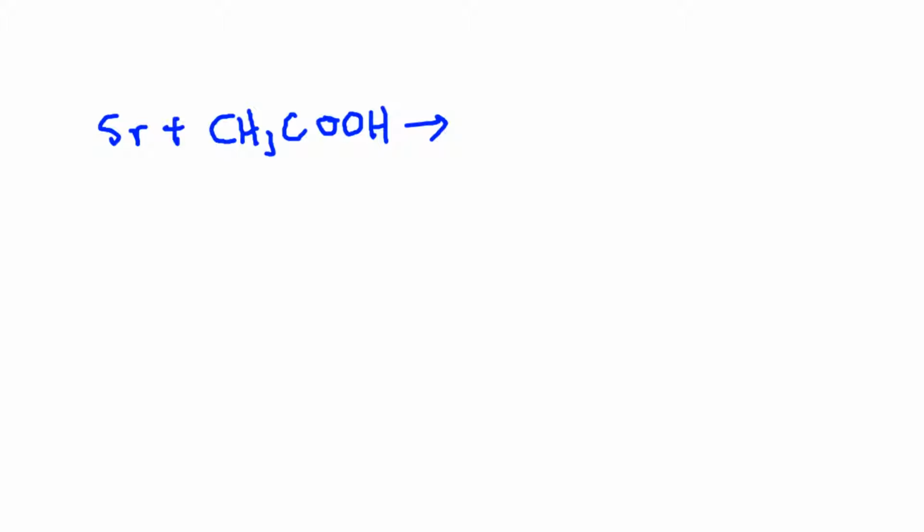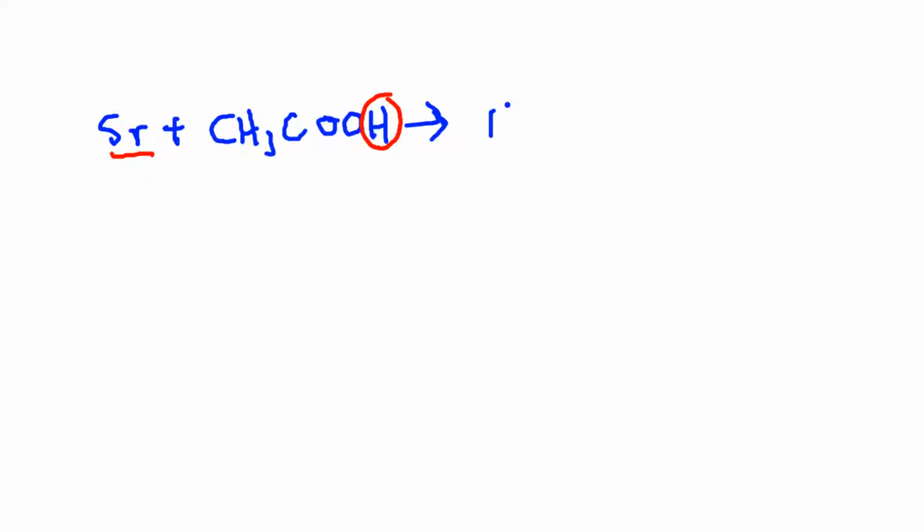Well, the thing to know is that this hydrogen, in the acetic acid, is the one that is going to come off and be replaced by the strontium. Got to remember, whenever we're reacting a metal with an acid, we're really just doing a single replacement reaction. Very, very straightforward. So let's take a look at what's going to happen here.